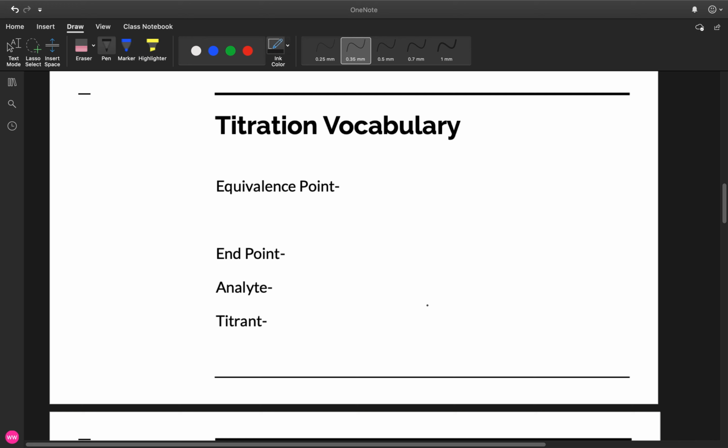As far as the vocabulary goes, there's a couple things that you need to keep in mind. So first off, the equivalence point is going to be the point in which the acid is stoichiometrically equivalent to the base.